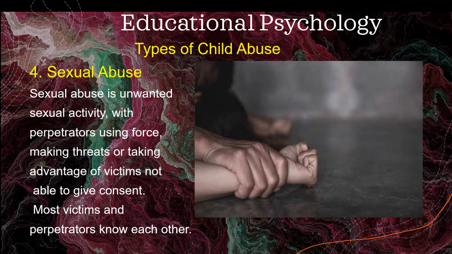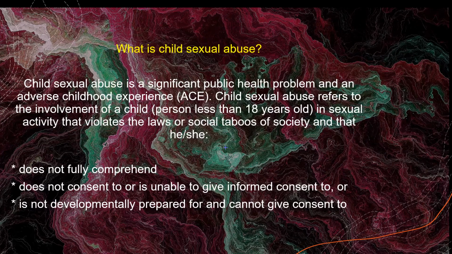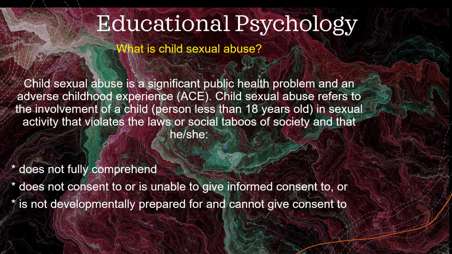Child sexual abuse refers to the involvement of a child, a person less than 18 years old, in sexual activity that violates the laws or social taboos of society, and that he or she does not fully comprehend, does not consent to, is unable to give informed consent to, or is not developmentally prepared for and cannot give consent to.